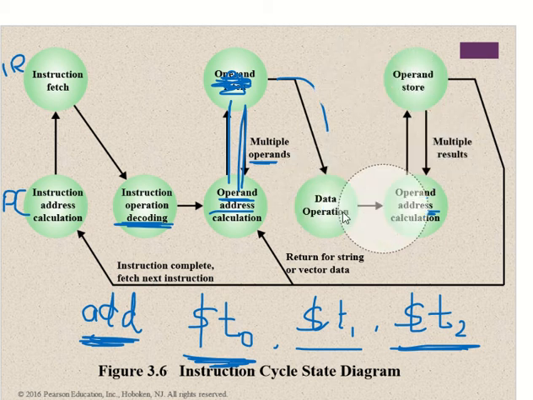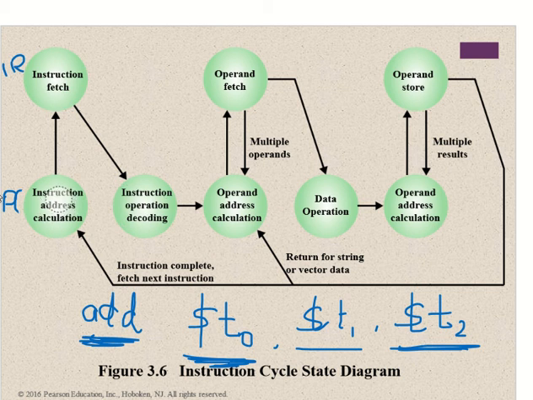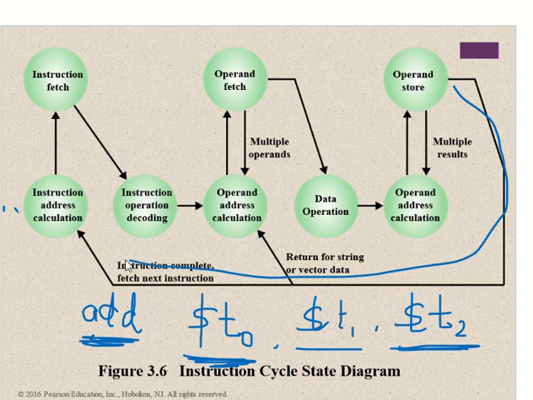So these are the things you may have to do in the execution of one single instruction. After finishing one single instruction, you go back here and do the same for the second instruction. Calculate the address of the next instruction and continue with the next instruction, and the third, fourth, fifth instruction.